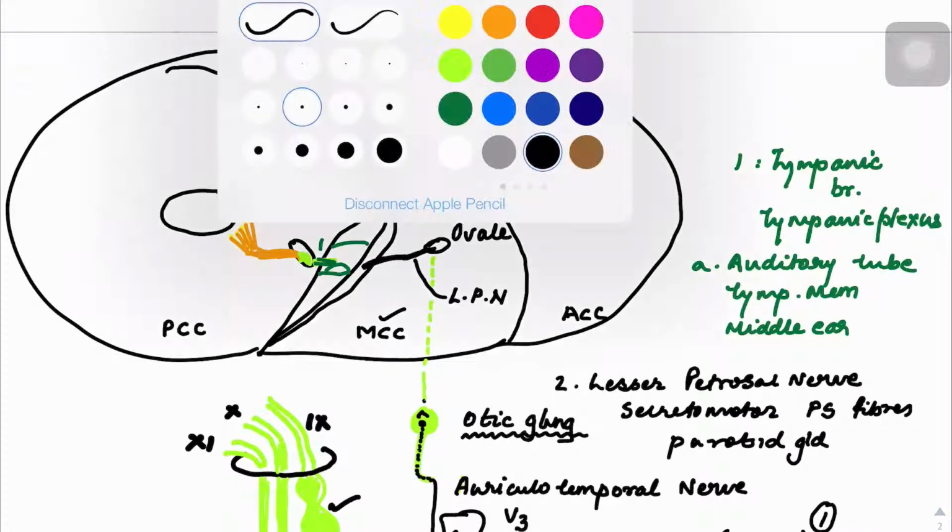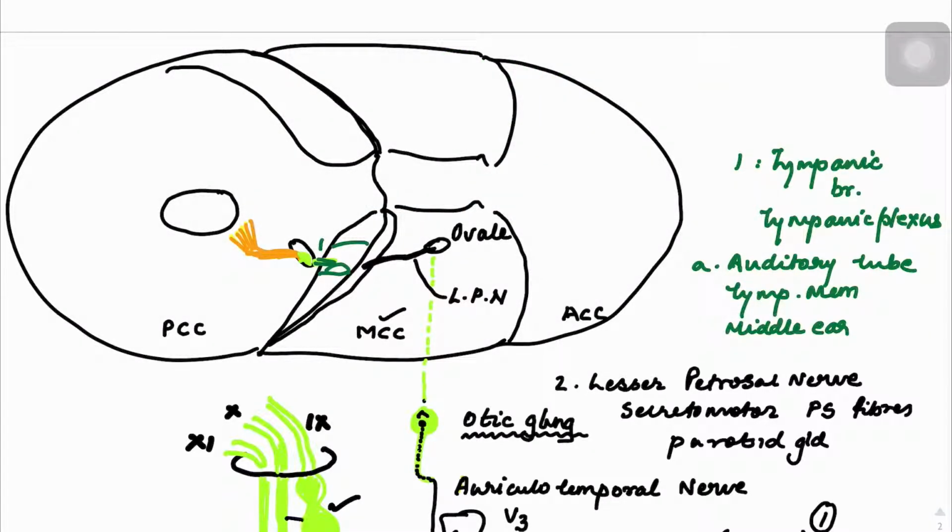Now while they are inside the jugular foramen, they will receive some communication from the glossopharyngeal nerve. Let us say this is the communication branch. That's the communication branch. So in the initial part of the glossopharyngeal nerve, I get two branches.